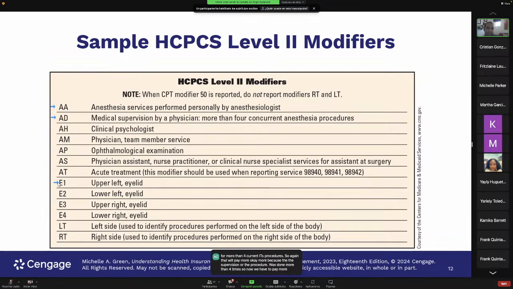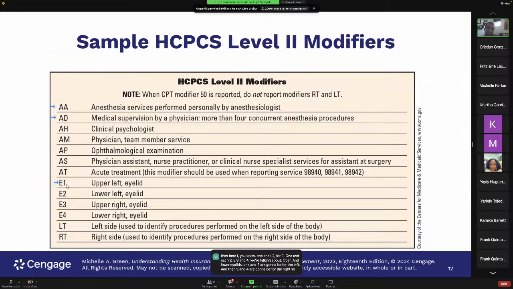And then here, E1 and E2, E3 and E4, we're talking about upper and lower eyelids. 1 and 2 are going to be for the left, and then 3 and 4 are going to be for the right.